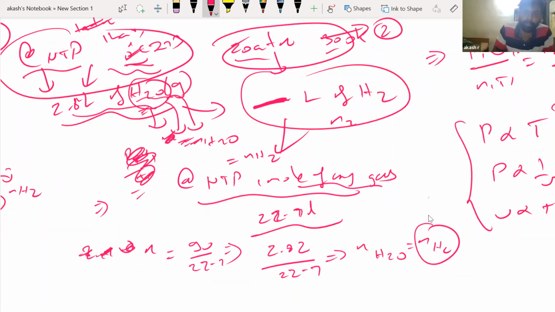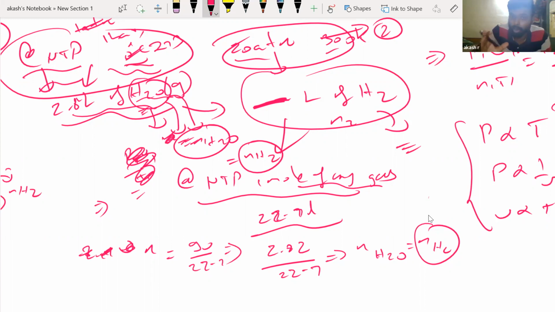Sir, how is n constant? Definitely in this case, the number of moles of H2 you have at NTP will not be the same here. You will have a different number of moles at 20 atm and 300 Kelvin. But this is a closed container, so whatever the amount of H2 or H2O you had should be the same, because the gas cannot escape until we connect it to the balloon.